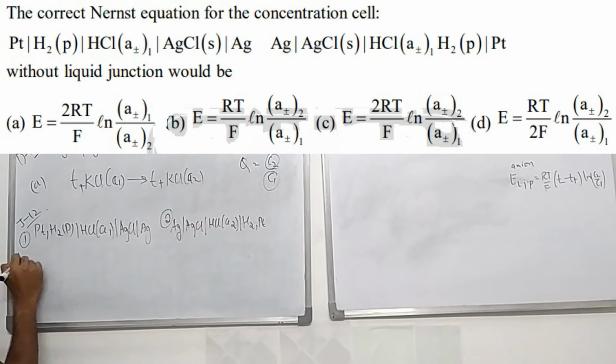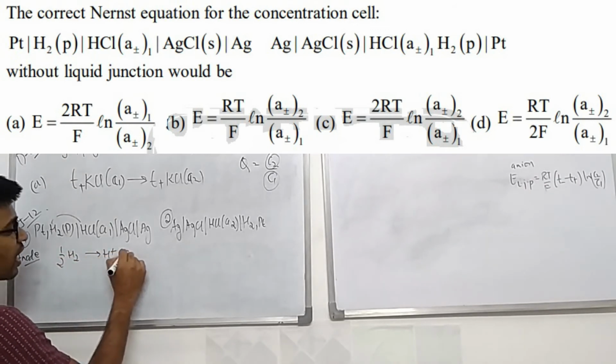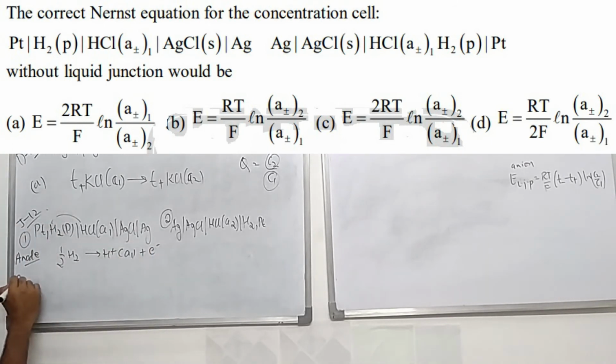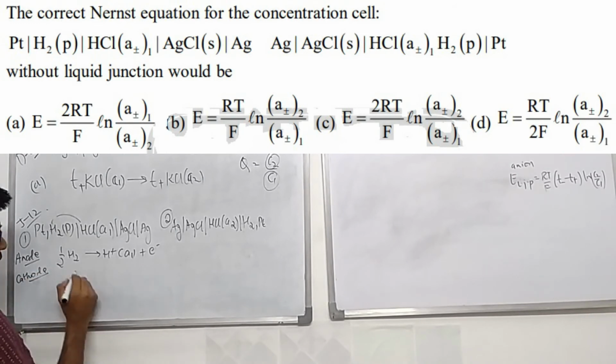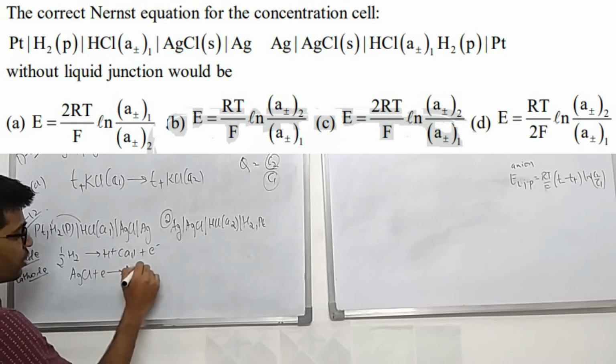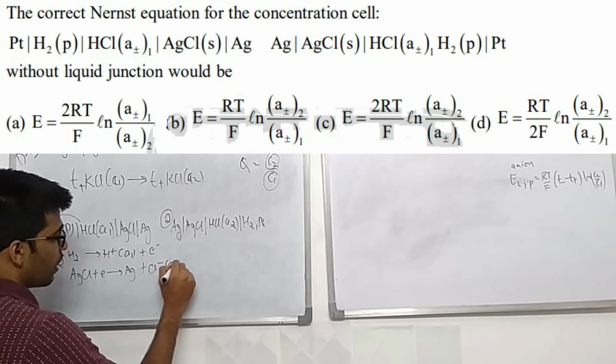So for the first one, at the anode, what reaction is occurring? H2 is getting converted to H plus. So I have half H2 giving H plus at concentration A1 plus electron. At the cathode, what do I get? I get AgCl taking up the electron, giving Ag plus Cl minus, and the Cl minus will have concentration A1.